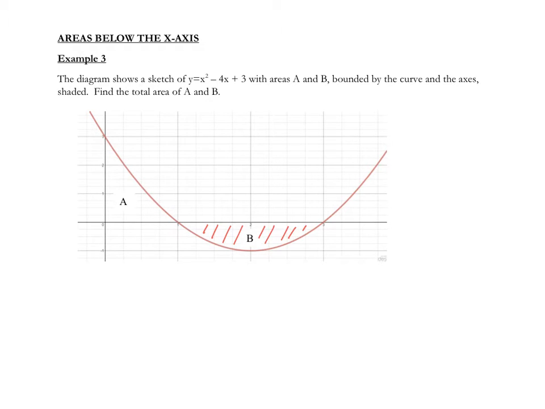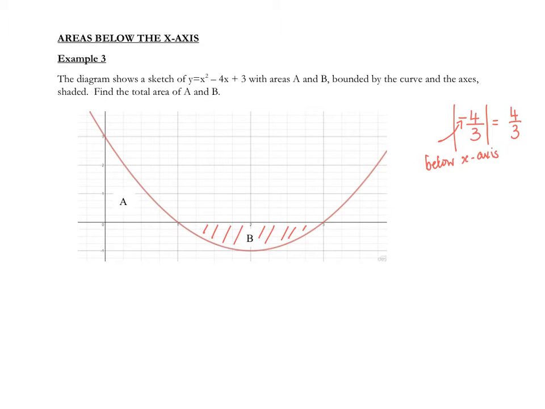So we'll get a negative answer, but then if we have a number, say, minus 4/3, and we take the modulus of it, then it's actually 4/3, because that negative sign in there just tells you it's below the x-axis.